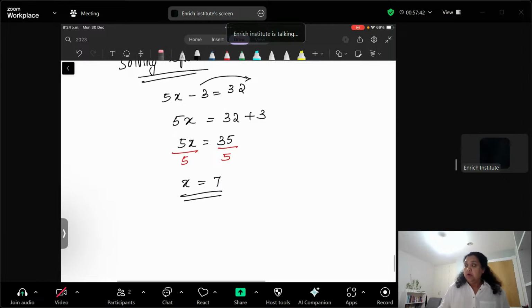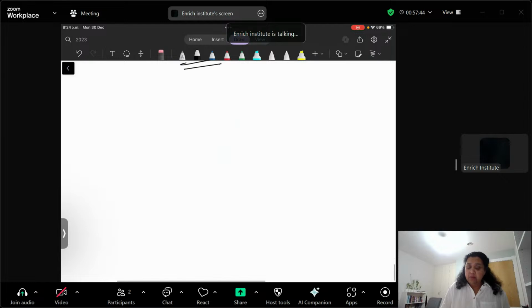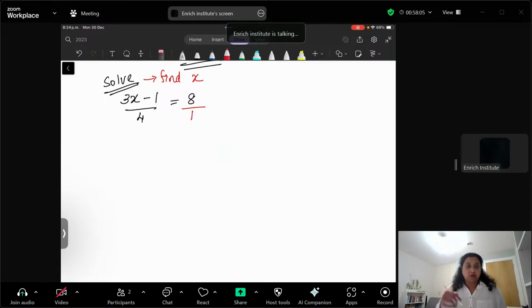But what will you do if you have a little more complicated one? (3x minus 1) divided by 4 is equal to 8. Solve. Solve means, always remember, find the value of x. Again, it is an algebraic fraction, so you put 1 where it is not available and then do a cross multiplication, where the denominator has to be multiplied.